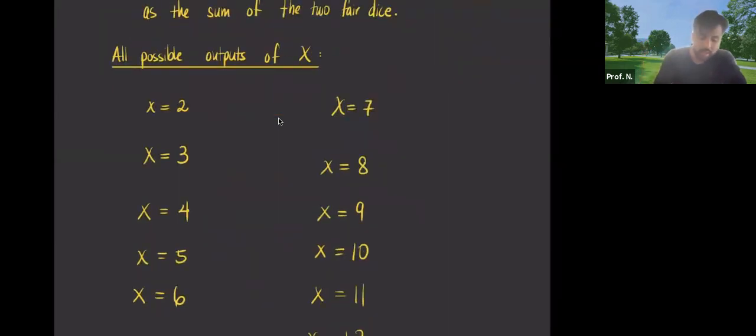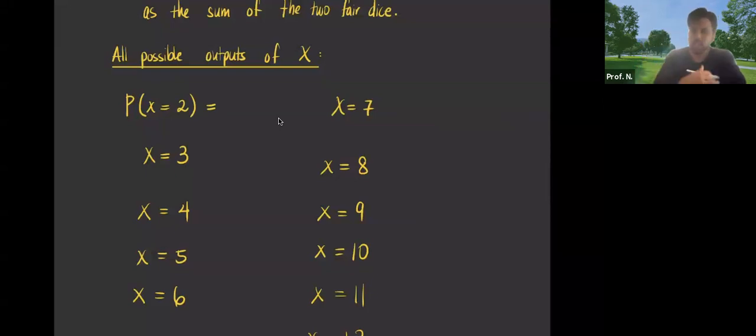So for example, X equals 2 is the result of rolling two fair dice and the sum of it being a 2. So we're not so concerned with just what the random variable equals. What we actually care about a little bit more is what's the probability of this random variable attaining the value of 2.